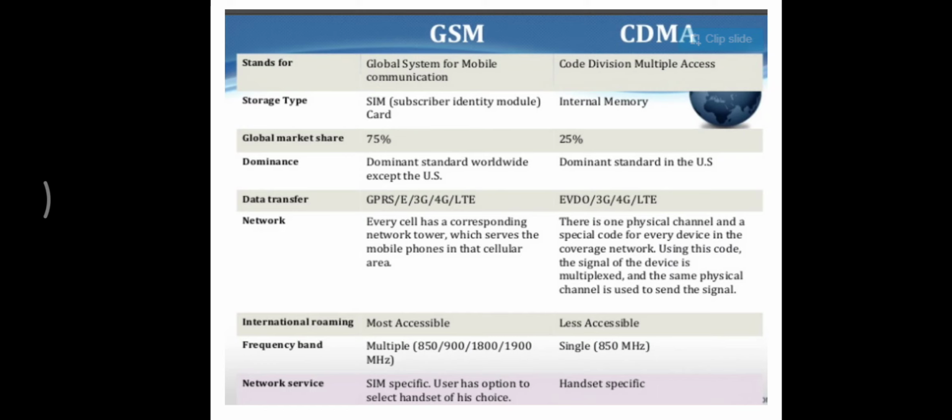As we already discussed, CDMA accesses a special code for every device, like Geo phones having CDMA technology with a special code for each device. Not like GSM, which is a cellular tower network technology. The frequency band is different, and the network service is SIM specific and handset specific.